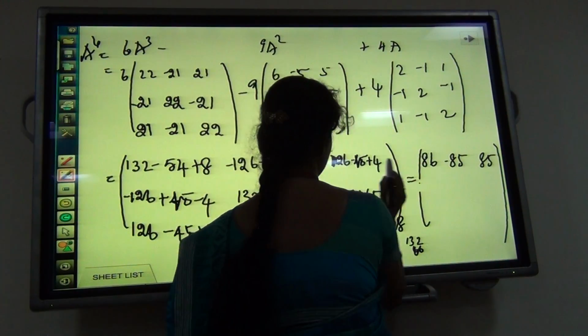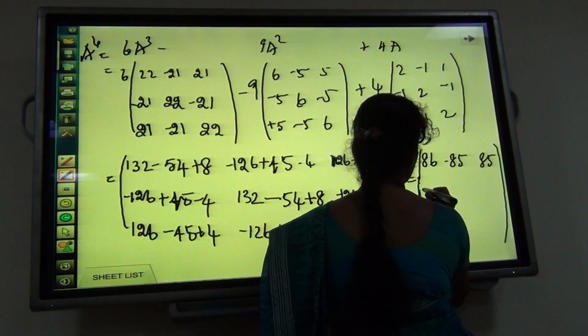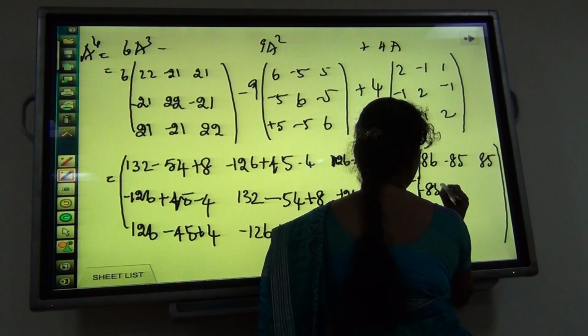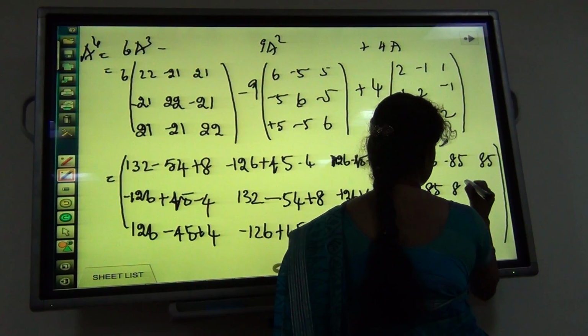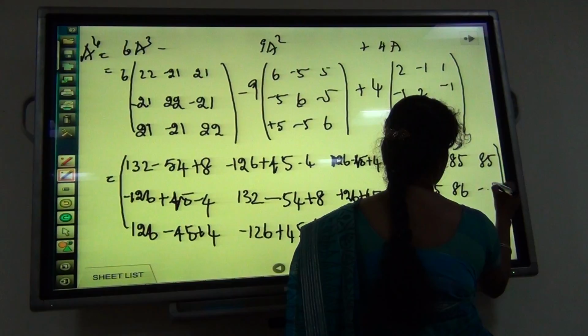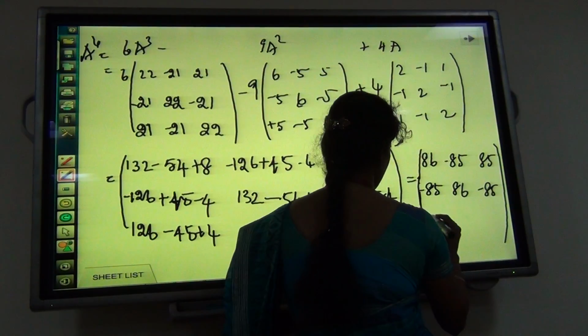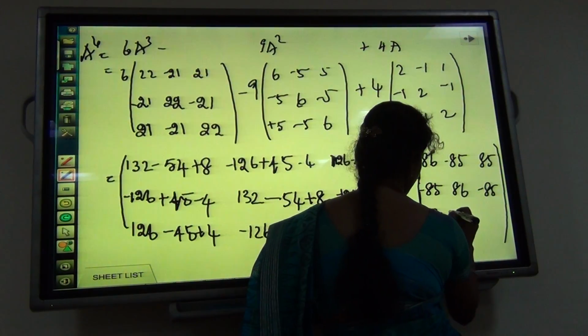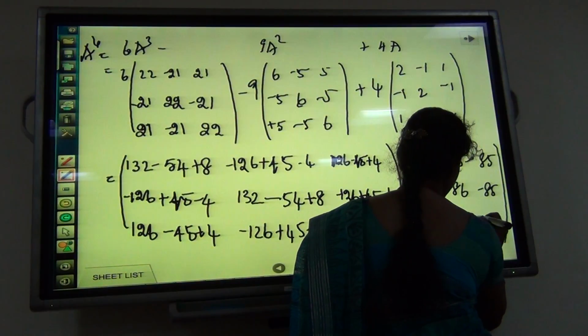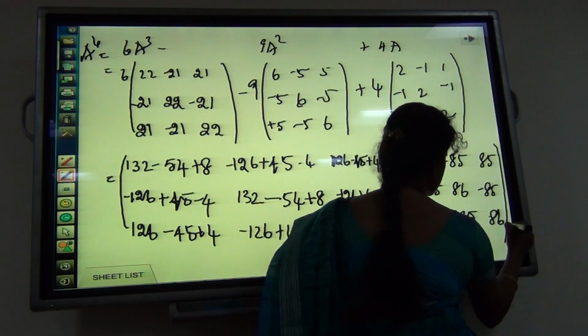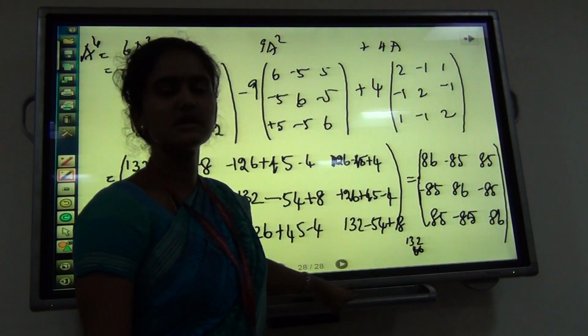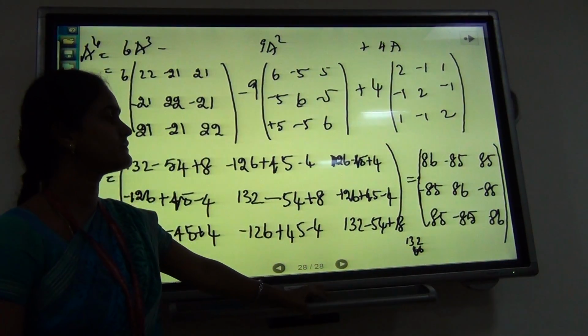Sorry, it is not clear, so I am writing it again. So my A power 4 is 86 minus 85.